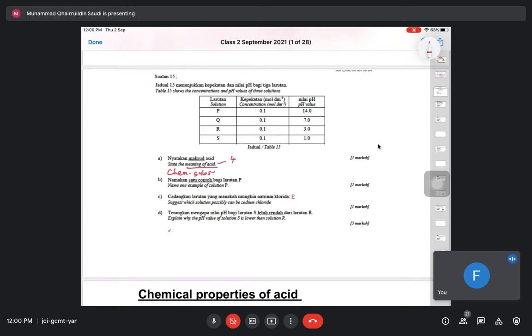That is the first condition. The second: ionized. Good, ionize. The third condition: in water to produce. The fourth: hydrogen ion, to produce hydrogen ion. See, easy. You get 1 mark.